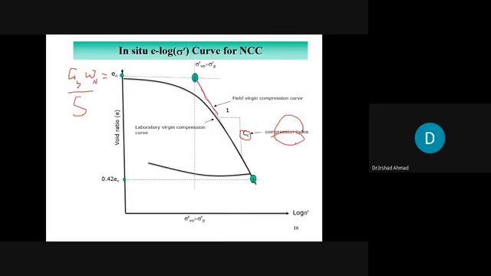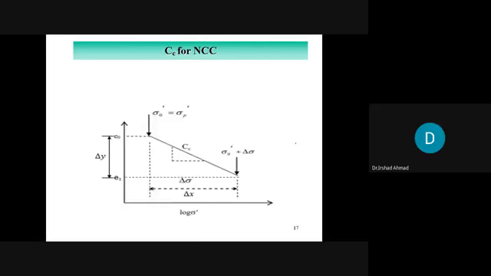We can simply represent the whole curve by using only this information. This is the corrected or field virgin compression curve. The slope is Cc. This is sigma naught prime, sigma p prime. This corresponds with e naught. This was point 1, right?